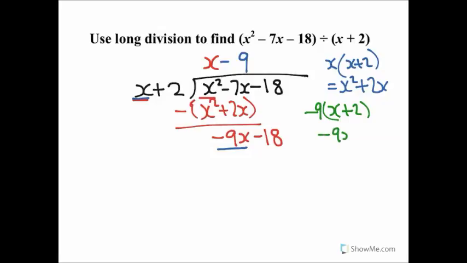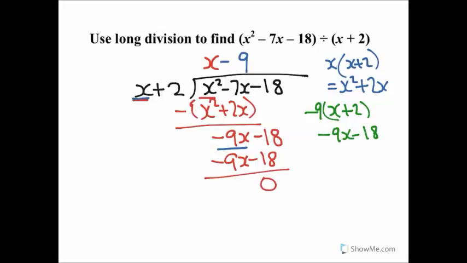So this is negative 9x minus 18. At this point, we can write in negative 9x minus 18. We have a remainder of 0.